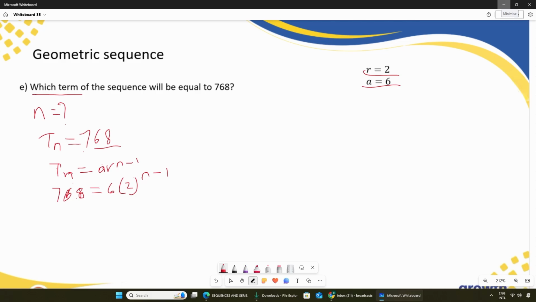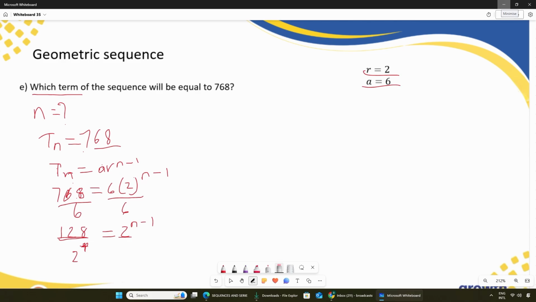Now we're looking for the value of n. We divide by 6, and we divide on this side by 6. Now 768 divided by 6 gives 128, equals 2 to the power of n minus 1. Now you have to change that 128 so that the bases are the same. So that will be 2 to the power of 7.